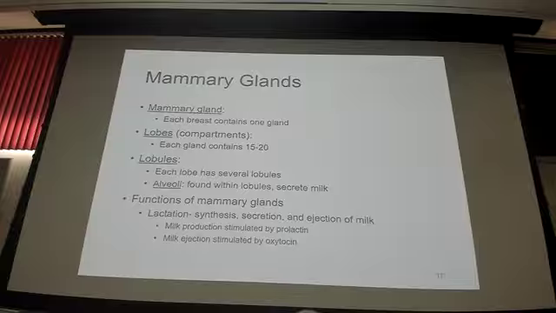Alright. The mammary gland, again, that's the entire breast. The lobes and the lobules, alright, again, just like lungs, if you will, separated into smaller pieces based on function. Okay? Prolactin, right? That's milk production, and oxytocin is milk expression or ejection.